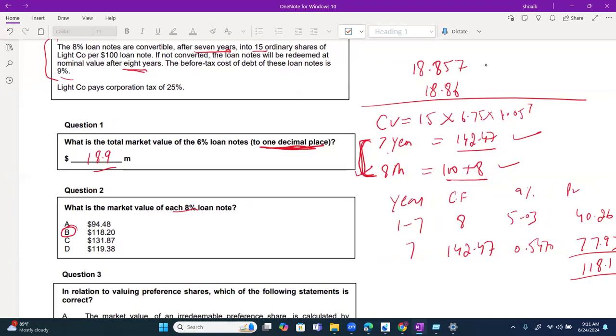B, beta is the answer. Beta is the answer.